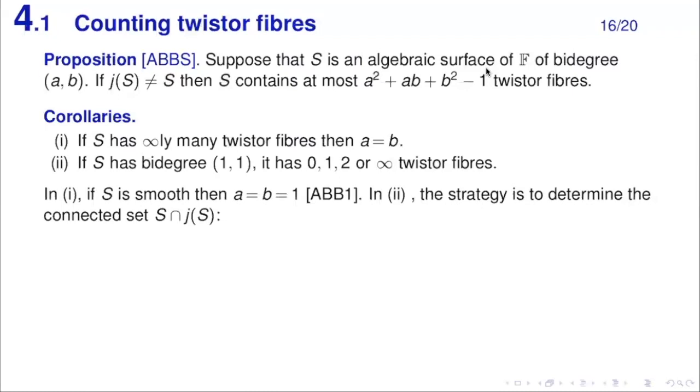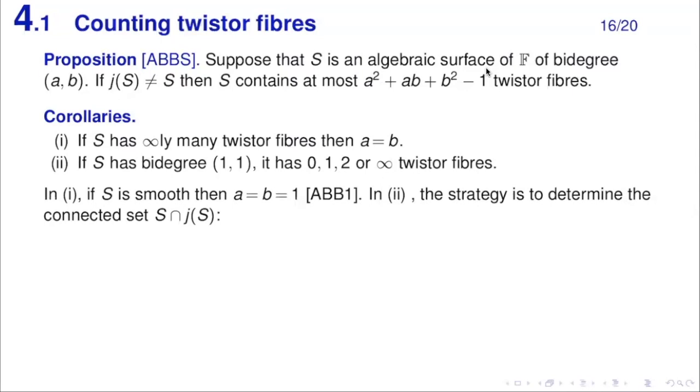So the example I gave when lambda was real, in which I had infinitely many twistor fibers, that can only happen if S is equal to JS. Remember, J is an anti-holomorphic involution. In general, you get bounds on the number of twistor fibers. And the slides will only be available on my homepage, so if you're interested, you can look further.